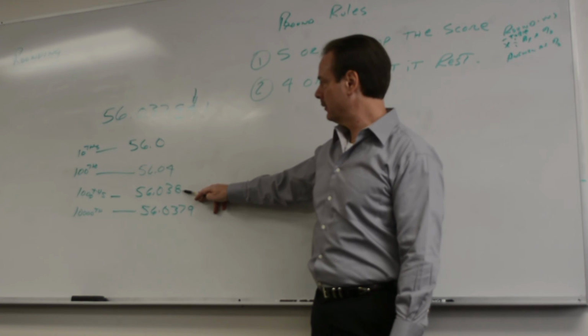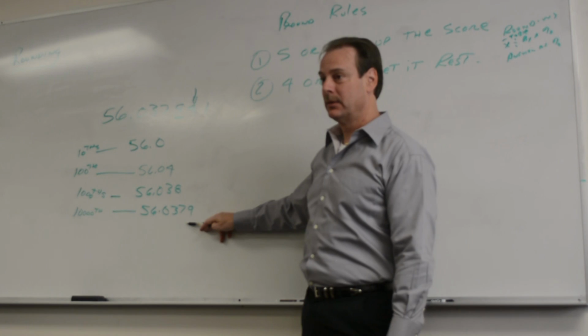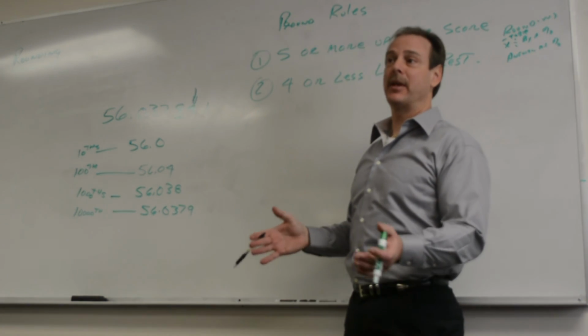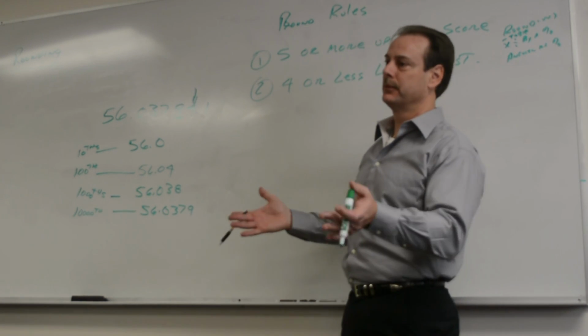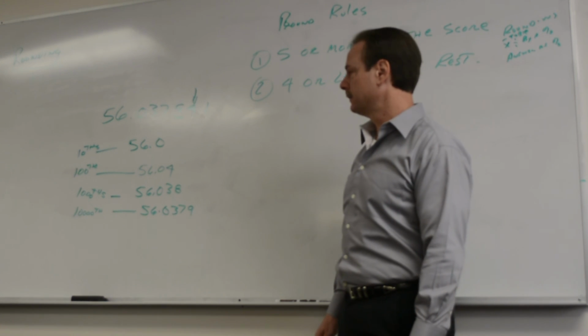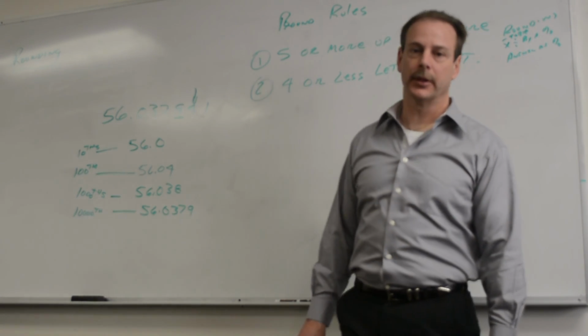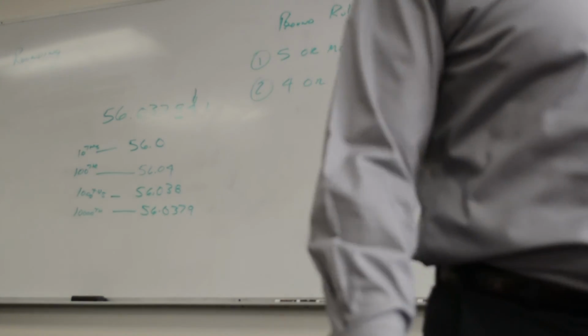And the ten thousandths, the last one, was bigger than that. And this one's smaller than all of them. So depending on where you round, it may make the number larger or smaller, to a certain extent. Everybody clear on this? Okay. I don't think I have to go any further with that, do I?